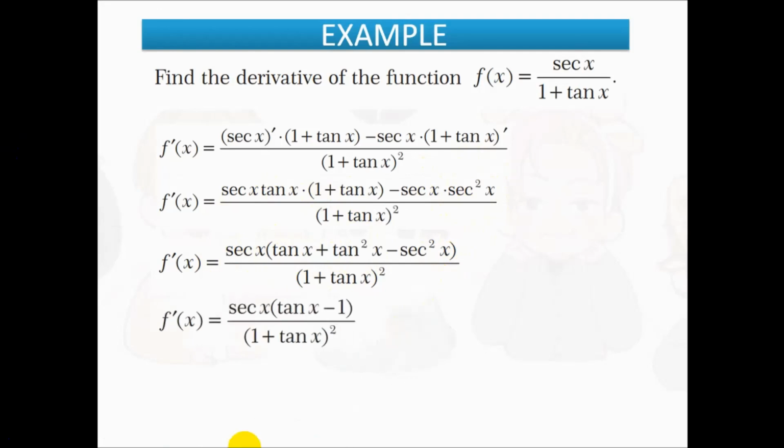So we get secant x times (tangent x plus tangent squared x minus secant squared x), which is equal to minus 1, over (1 plus tangent x) squared. So here is the first derivative of secant x over 1 plus tangent x. I hope you understand the explanation.